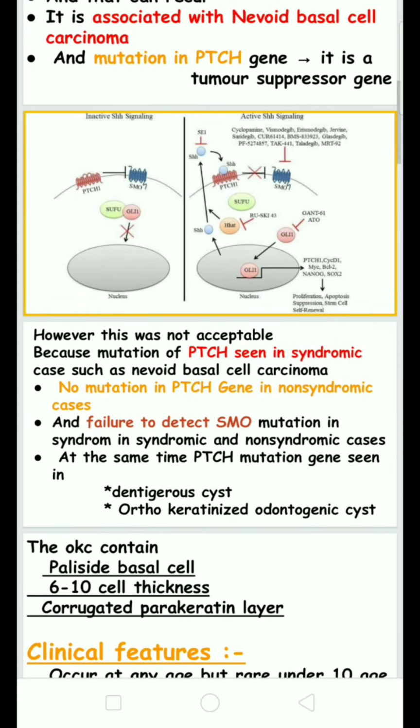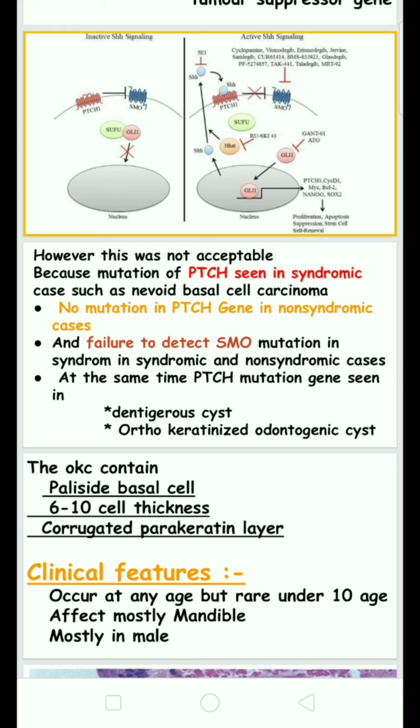Sometimes they also say the dentigerous cyst has a PTCH gene mutation, but it is not called a tumor. The keratinizing odontogenic cyst also has a PTCH mutation, so it could also be called a tumor. But then why not say it is a tumor? They concluded that it is a cyst.